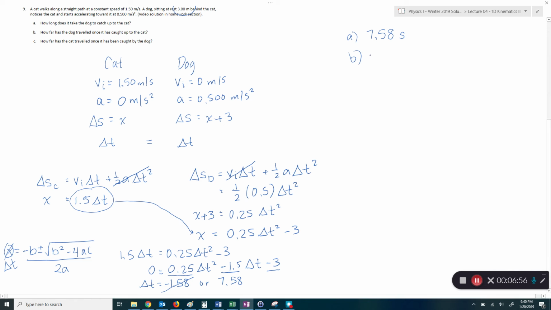So x plus 3 is how far my dog has traveled, which is equal to 0.25 delta t squared. Notice my dog has traveled this amount, x plus 3. So that's how far my dog's traveled. My delta t is 7.58, and I just need to plug that into my calculator.